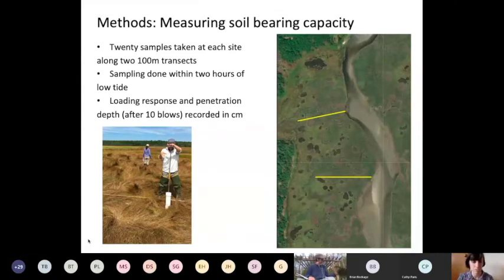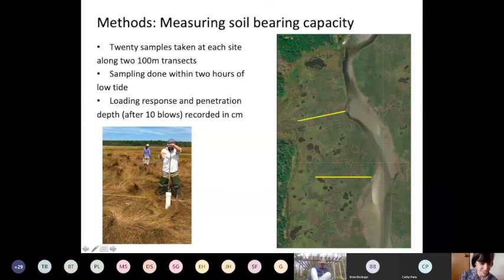It was about 13 pounds. The second measure was penetration depth, to kind of look at the deeper layers of peat. And so there I dropped the weight 10 times on the penetrometer and recorded that penetration depth in centimeters. And we did time this sampling so that ideally I would start right at low tide and be finished within 2 hours of low tide.